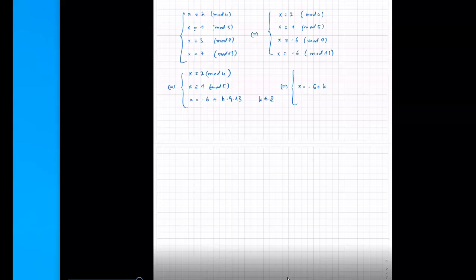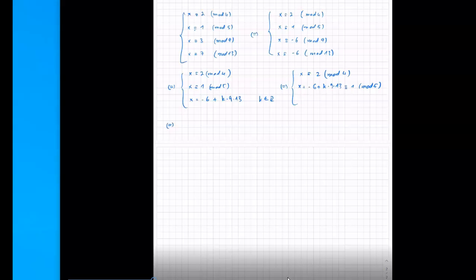So for the first equation, mod 5, it will be minus 6 plus k times 9 times 13 is congruent to 1 mod 5. And there is a lot of simplification to do here. The first simplification is minus 6 mod 5: if you add 5, it will be minus 1 mod 5.